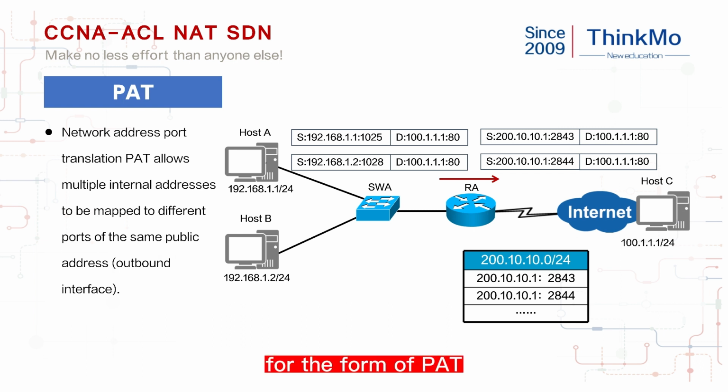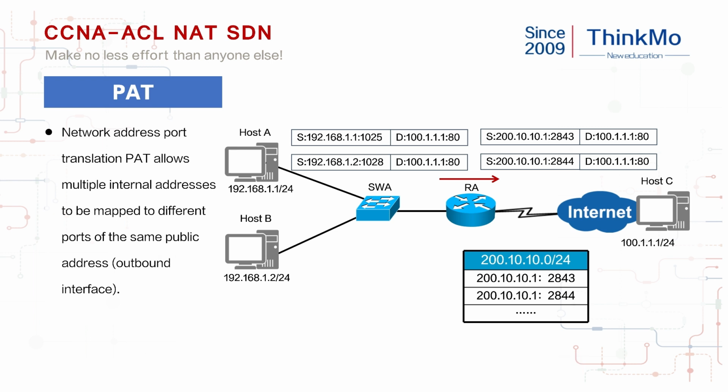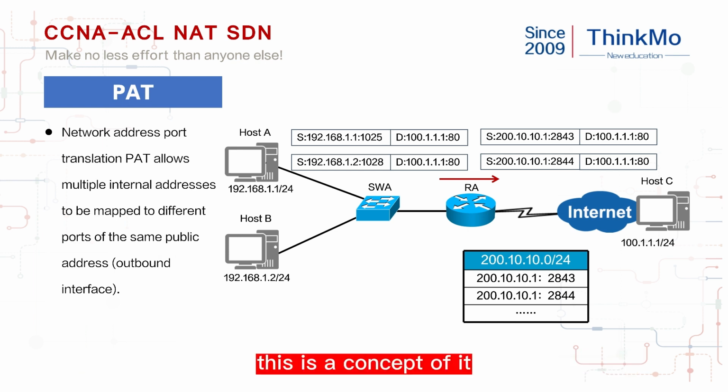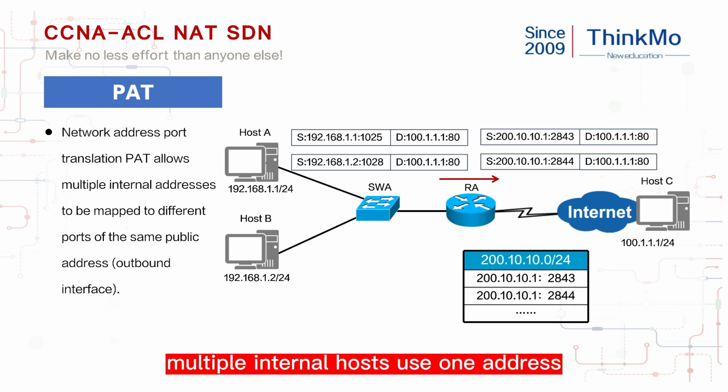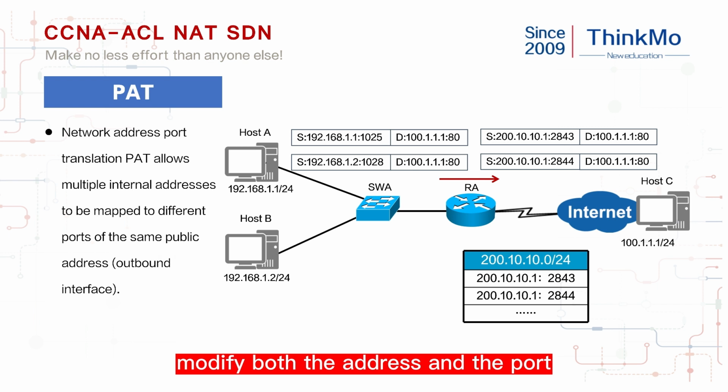For the form of PAT, network address port translation is allowed. Multiple internal private network addresses now, with different ports, map to the same public network address. This is the concept of it. Allow mapping like this. This is what we use now. An external public network address. Multiple internal hosts use one address, but using a different port. That is, modify both the address and the port.